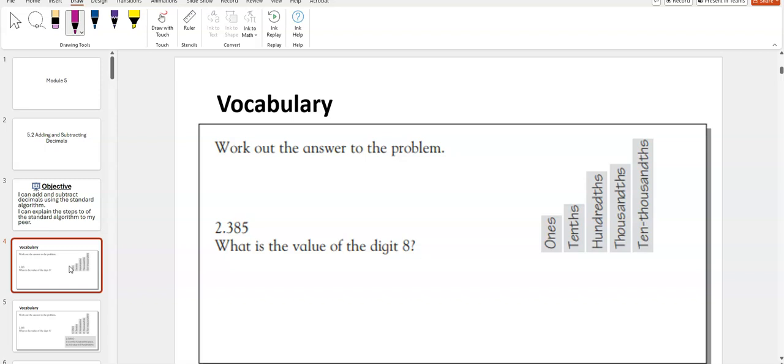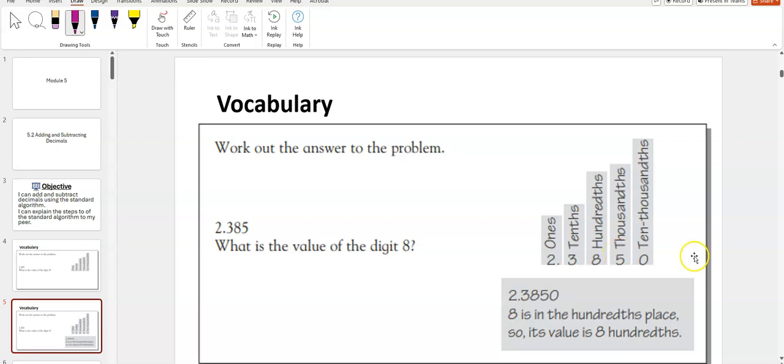In order to add and subtract decimals, you need to know about decimal place value. So can you quickly pause and tell me what is the value of the digit 8 in this problem? Well, hopefully you said it was in the hundredth spot. If we look here, and you were to fill in those numbers, you should know that the decimal point goes between the ones and the tenths.